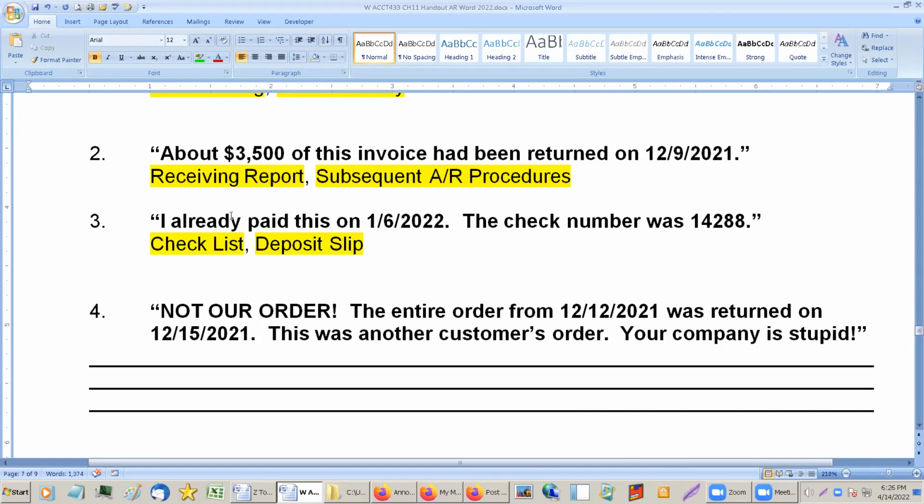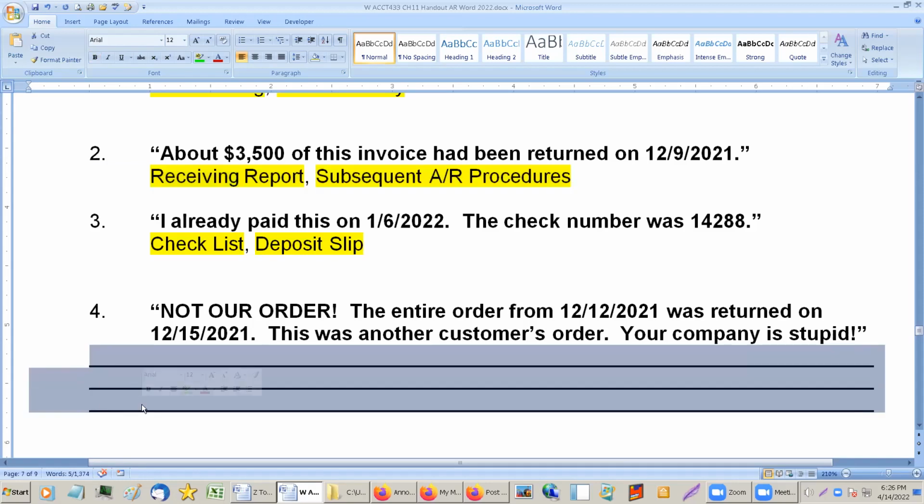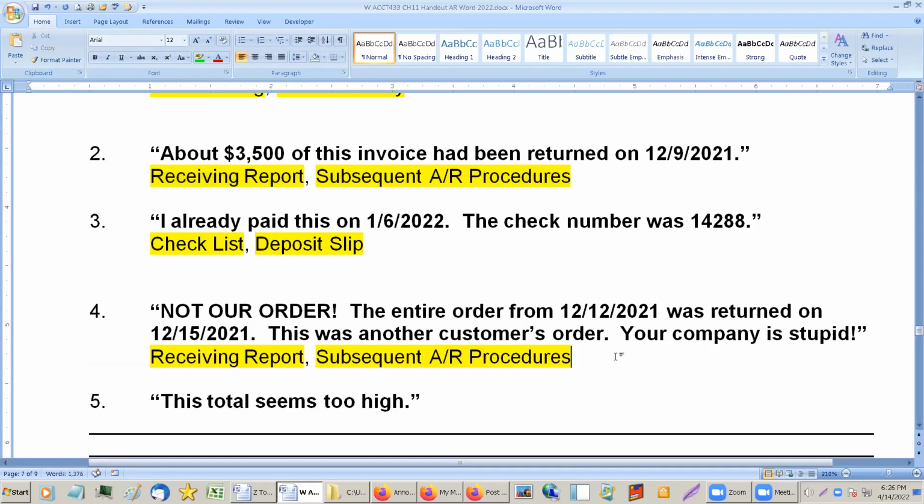Yeah, you definitely look at the receipt report for it being returned first of all. But this one, you may be looking for a problem with AR, in fact, or with sales.